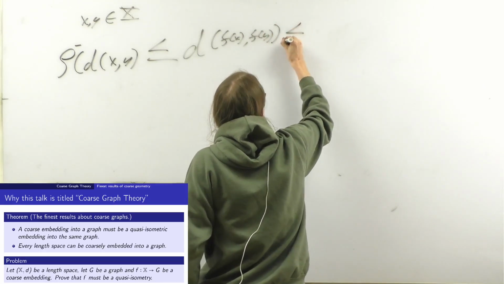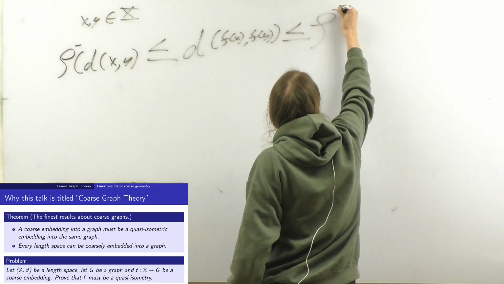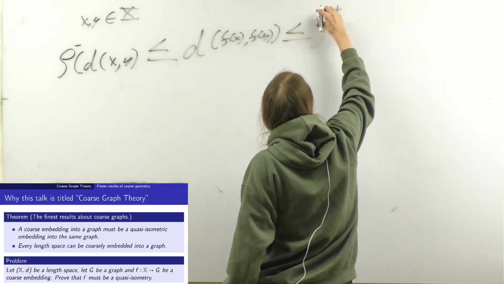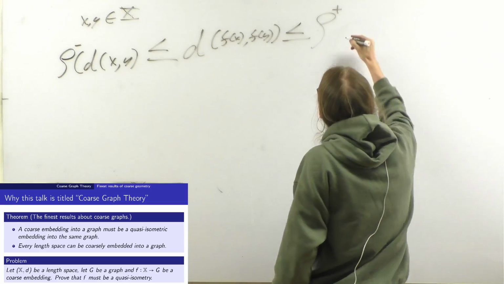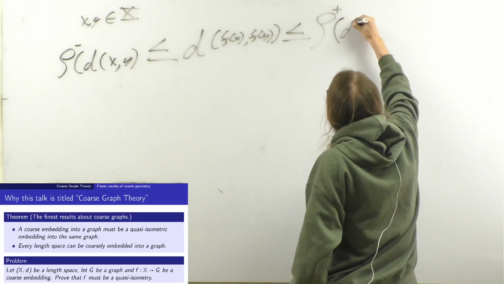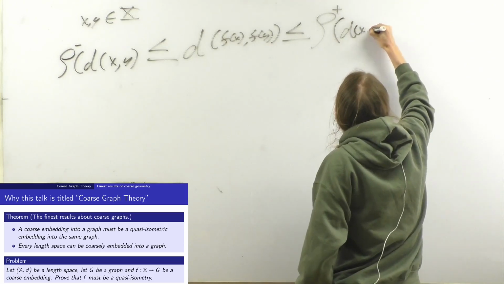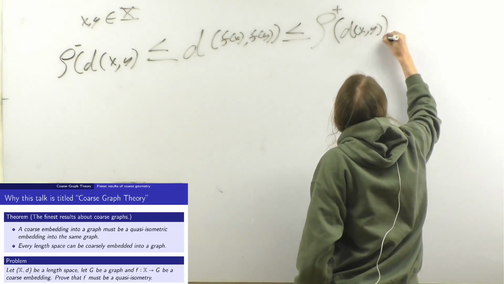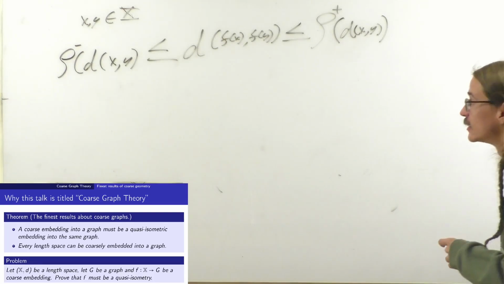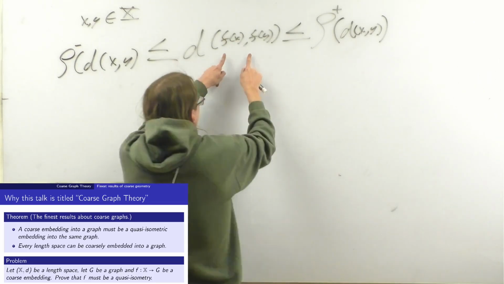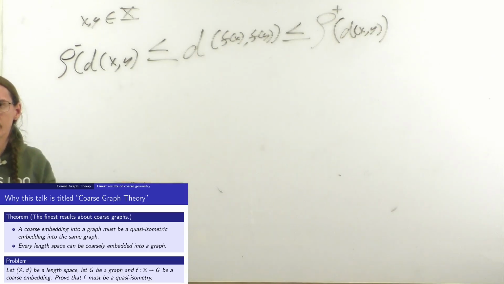And an upper bound. I can hear Nana seething in the back about how that was phi, not rho. We have these functions, they exist. We have here distance in the graph.